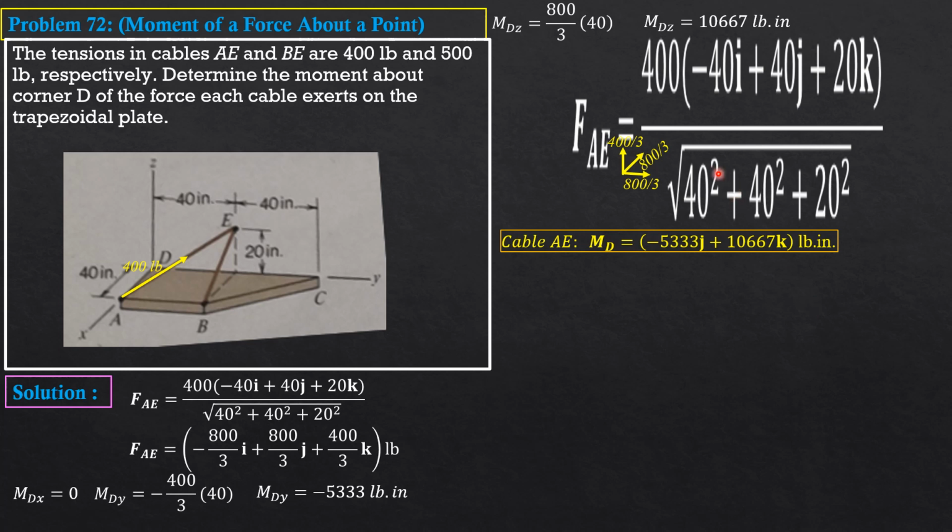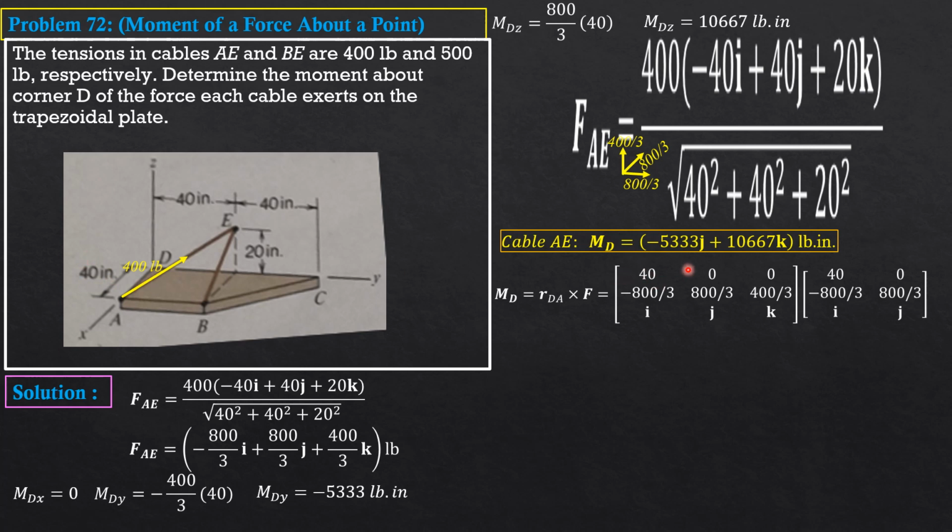Now for the tension in cable BE. Wait, first checking cable AE in the vector approach, it is the moment at D, so rDA cross the force. It is also rDE cross the force, but the simpler one is rDA, so that the position vector DA is just 40i. So 40i, 0j, 0k. Then the components of the force, unit vectors, then copy the first two column elements. So let's check. Along i, 0, then minus 0. So that's why the moment along dx is 0.